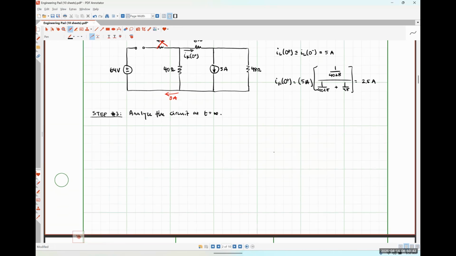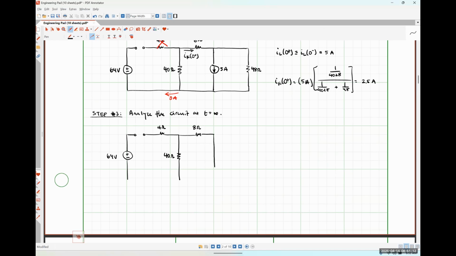So at T is equal to infinity, our switch is still open. So here's our 64 volt source in series with an open circuit. Here's our 4 ohm resistor. Here's our 40 ohm resistor. Our 8 ohm resistor.